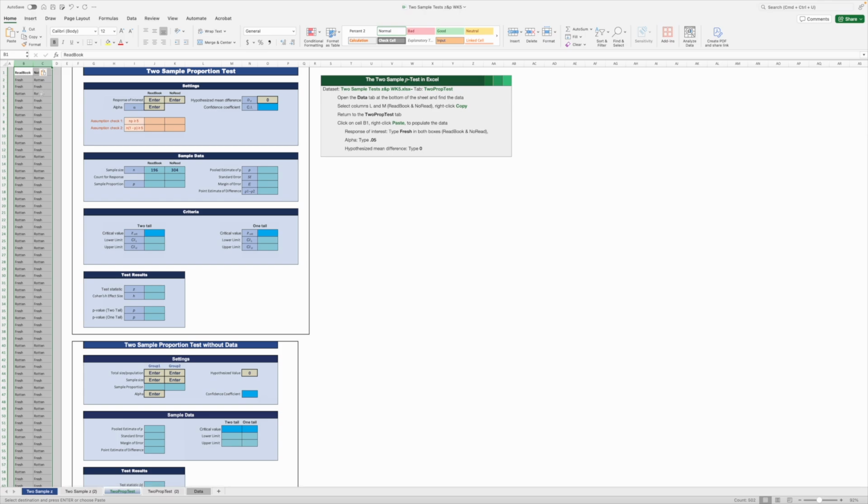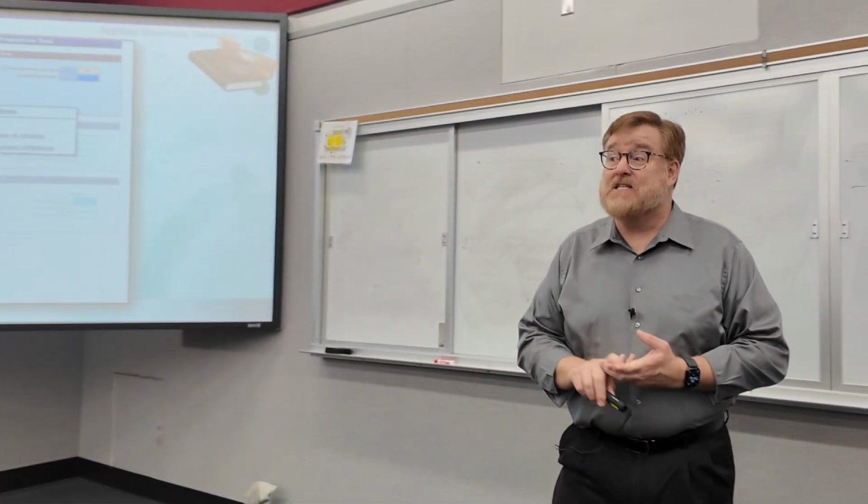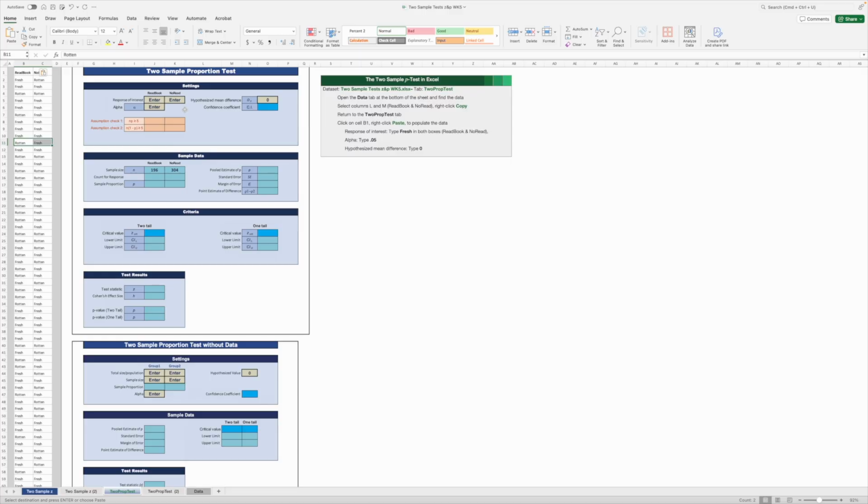Now we need a response of interest. What this means is we have to take one of the examples of the response options and plug that in as the response we're looking for. You need to make sure that what you enter as your response of interest is spelled exactly the same way as it is in the data set. So for instance, capital F fresh, that could be our response of interest for both the read the book and didn't read the book populations.